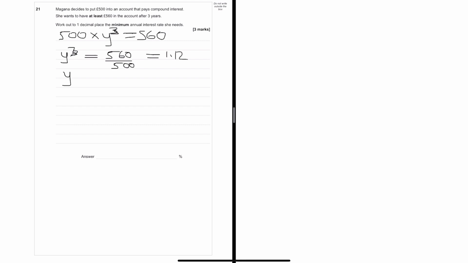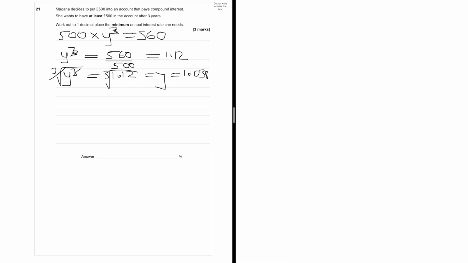Therefore, if we take the cube root of both sides, if we take the cube root of this side, we just get Y. So Y is equal to the cube root of 1.12. And when we work this out, we get that Y is equal to 1.038.